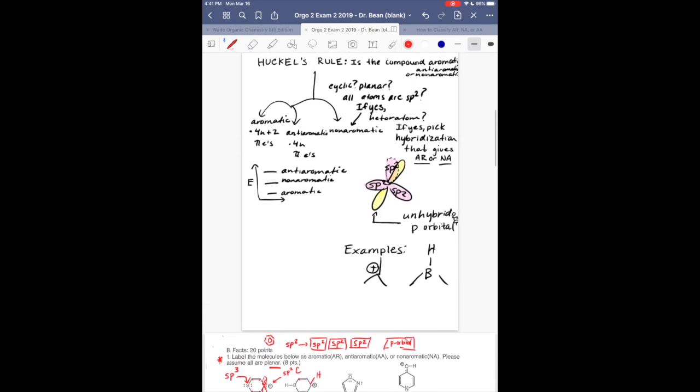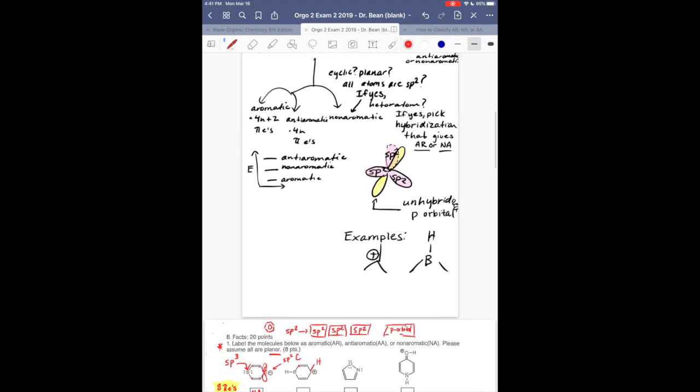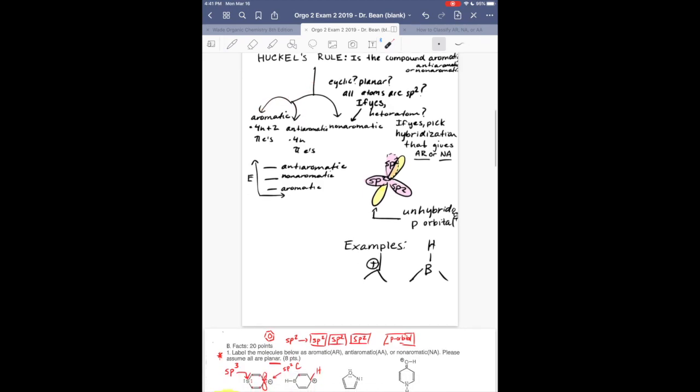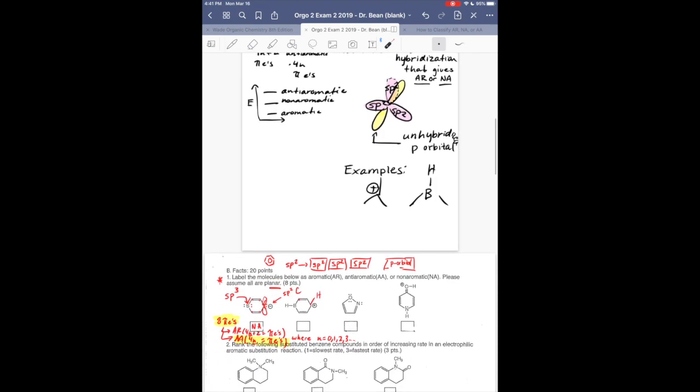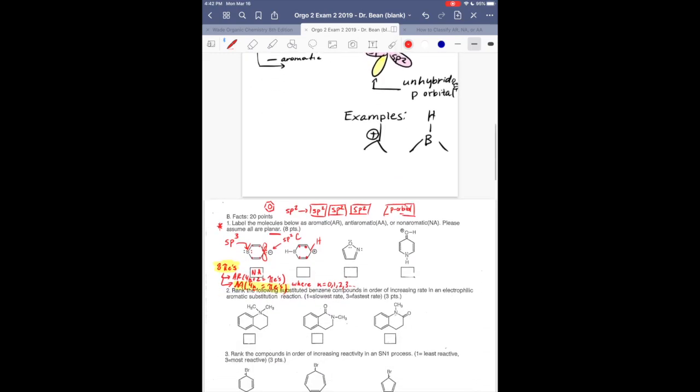And now we have to make our decision between aromatic or anti-aromatic. We follow this route and we pick between the two. And what do we base that upon? Huckel's rule and counting the number of pi electrons. 1, 2, 3, 4. So we got 4 in total. Which rule does that follow?